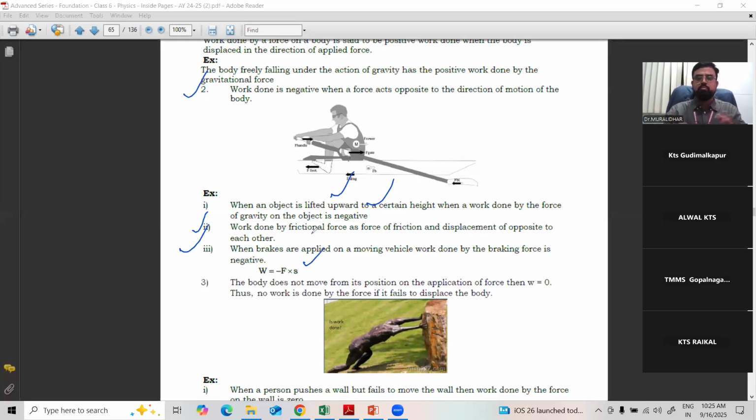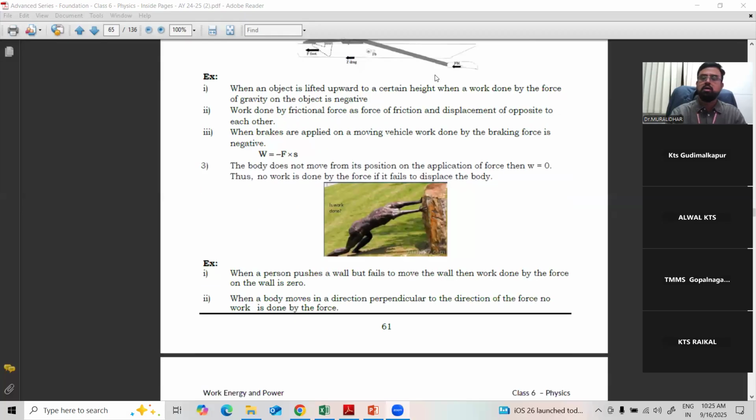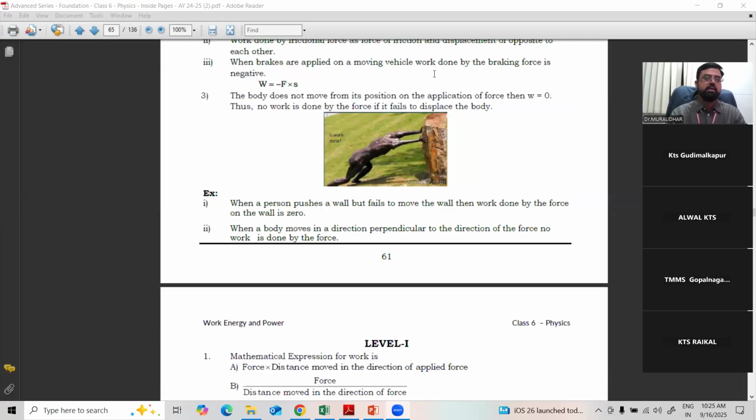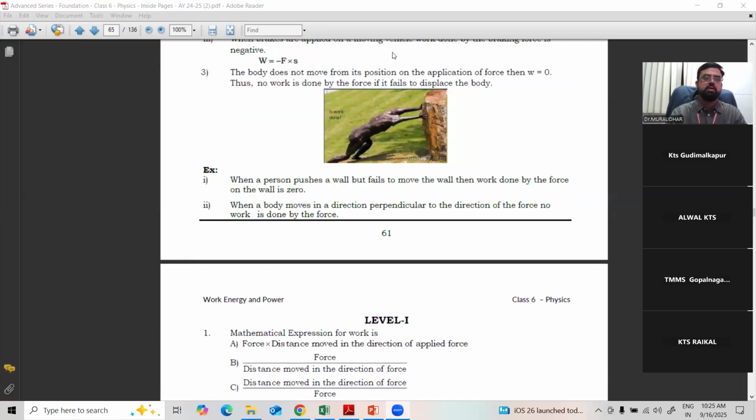That is the reason the vehicle will stop. So this is about negative work. Positive work is force and displacement in the same direction. Negative work, opposite direction.